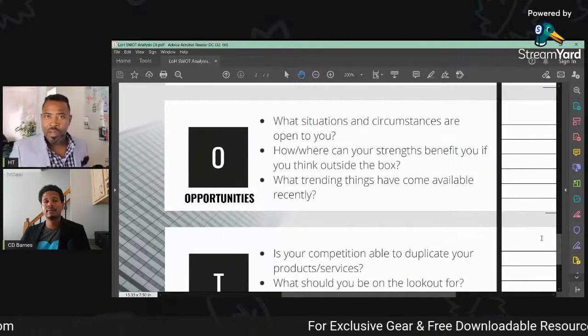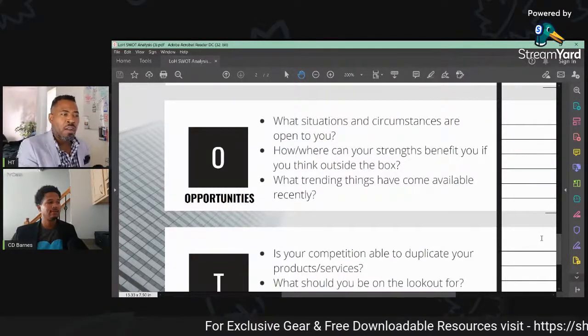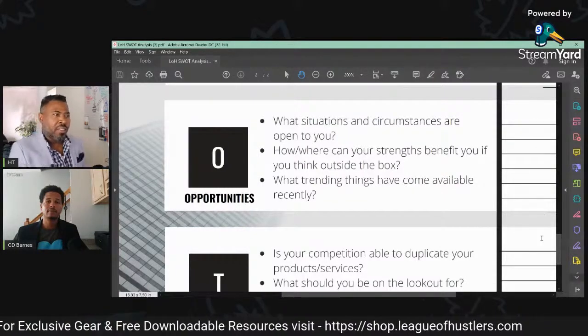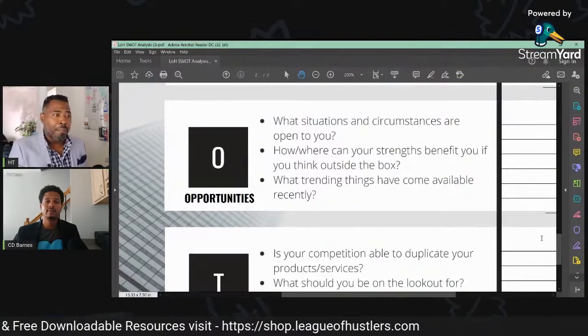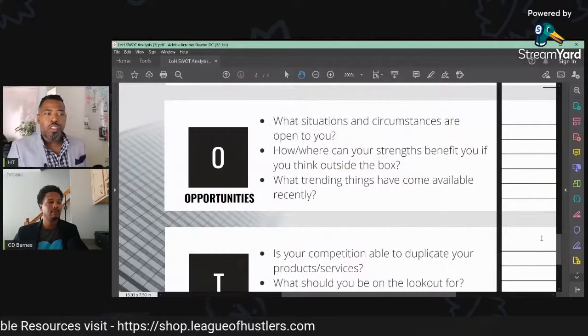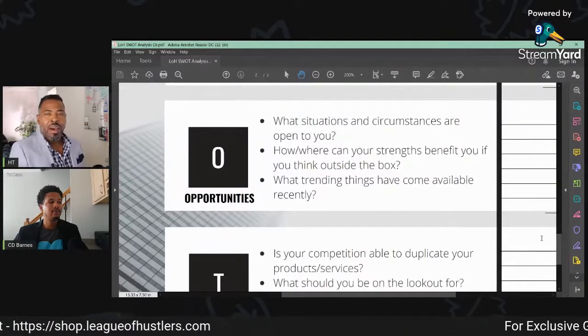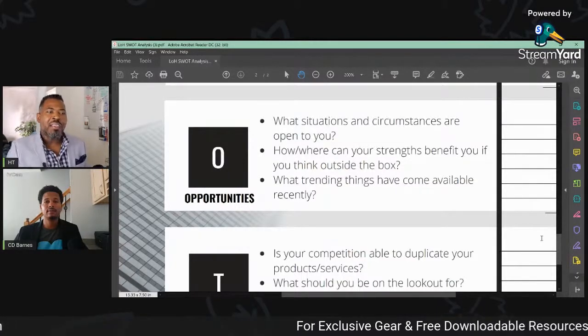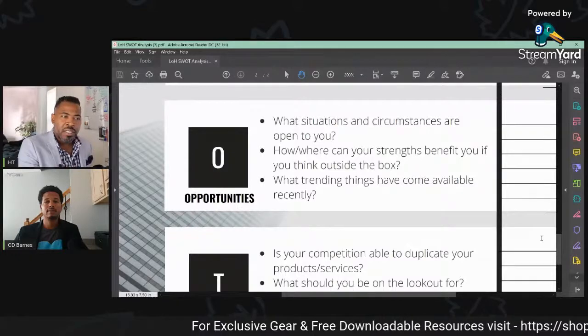A few questions that you want to ask yourself to help guide you along the way: What situations and circumstances are open to you? How or where can your strengths benefit you if you think outside of the box? What trending things have become available recently?